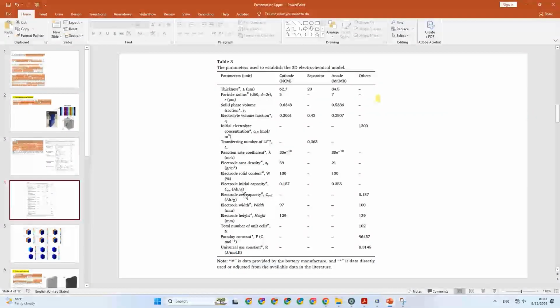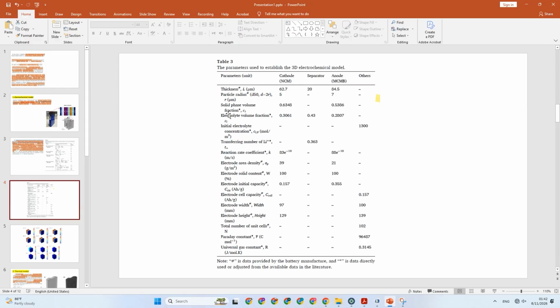Let me continue. Initial capacity. This is solid phase, and this hint guided us to the solution.